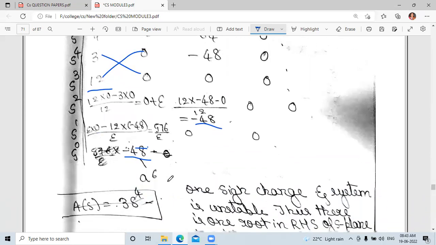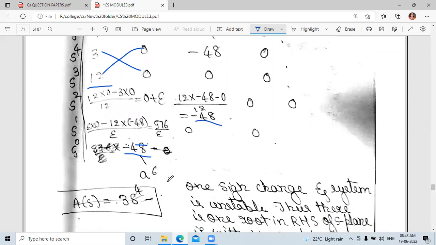So one sign change and the system is unstable. Here it goes from positive to negative. 576 divided by epsilon is a positive value, and here we are getting the negative value. So one sign change and the system is unstable.